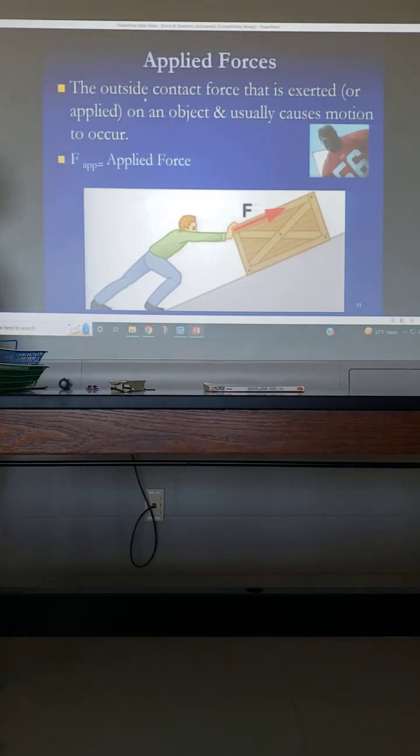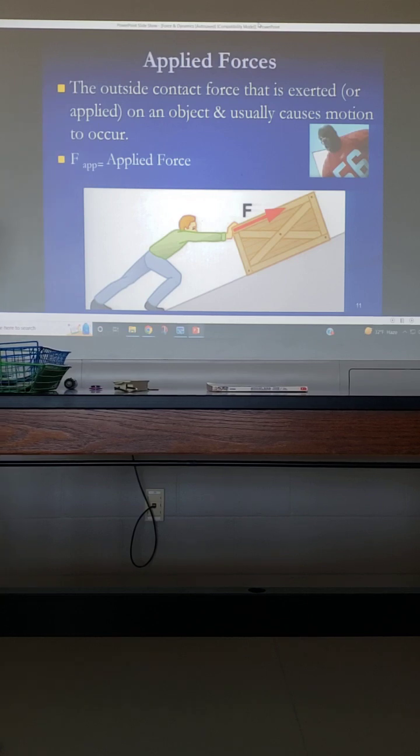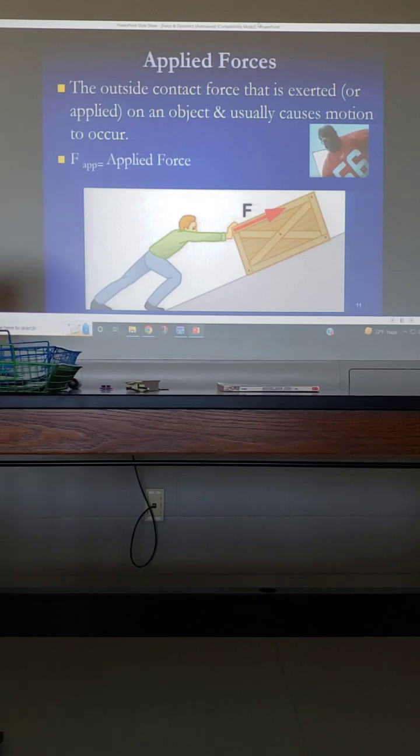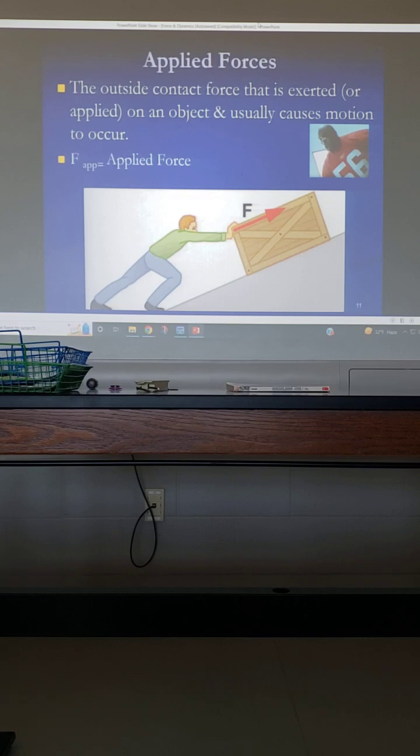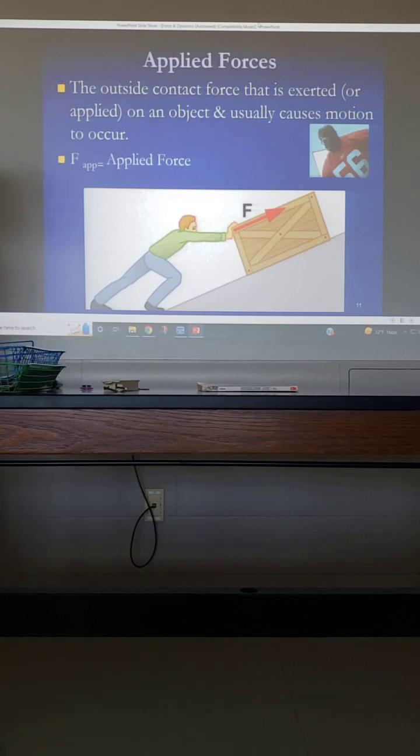Okay. And so an applied force is an outside contact force that is exerted or applied, and it usually causes an object to move in that direction of the applied force. Again, I can push. If I don't apply enough force, I can't get this table to move. If I apply enough, I can get it to slide, right? So just because you're applying a force and you don't get the object to move, it doesn't mean that you're not applying a force.